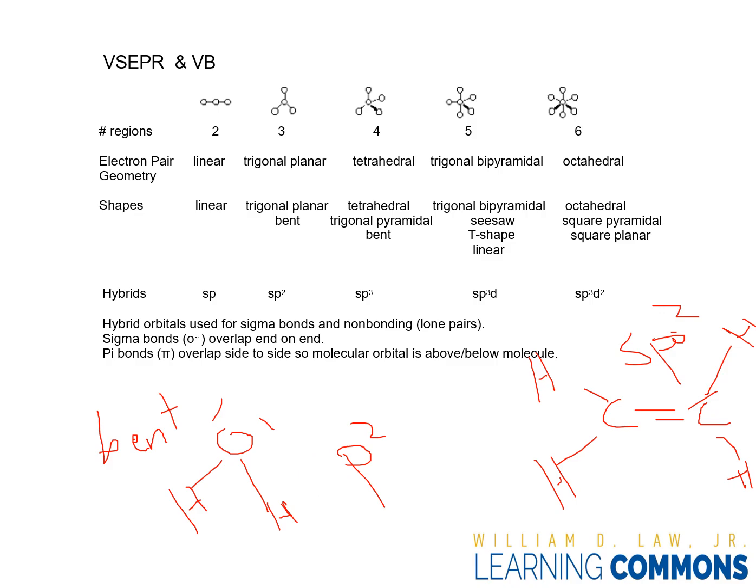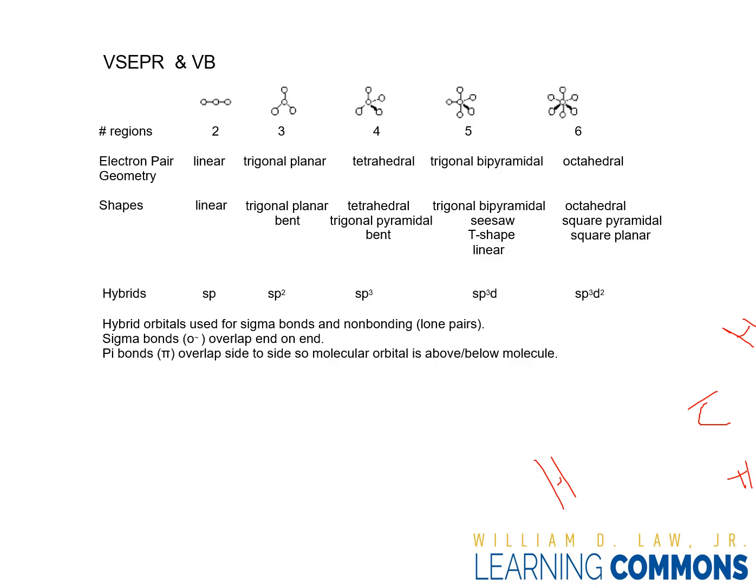And the other one is sp3 hybridized, like the methane I discussed in the previous slide. If you see the methane, it has 4 hydrogen bonds: 1, 2, 3, 4.